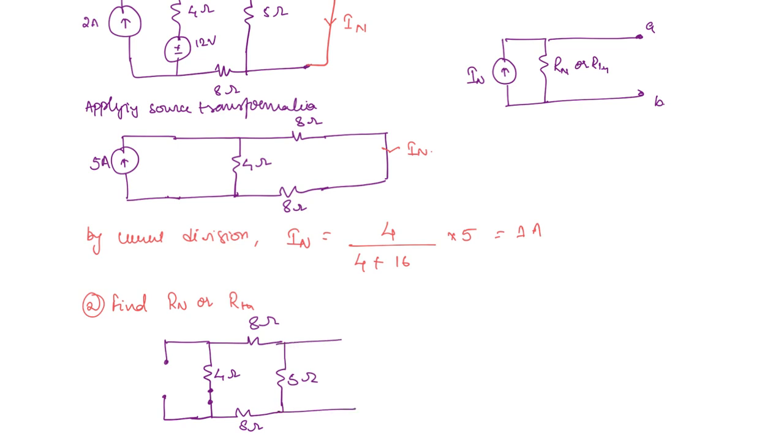And from here you are going to see the resistance RTH. You can see that this is 5 ohms in parallel with this entire resistance, they are in series. So you can write RTH is equal to 5 parallel to 8 plus 4 plus 8. So you are going to get 5 parallel to 20. If you calculate, you are going to get 4 ohms.